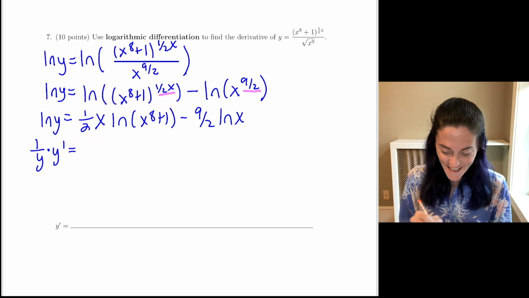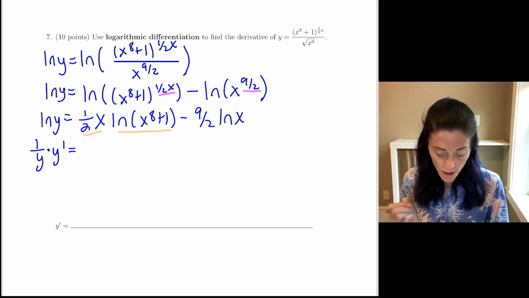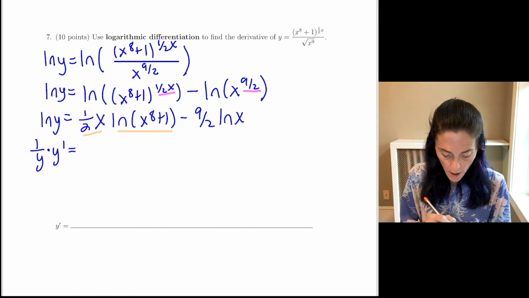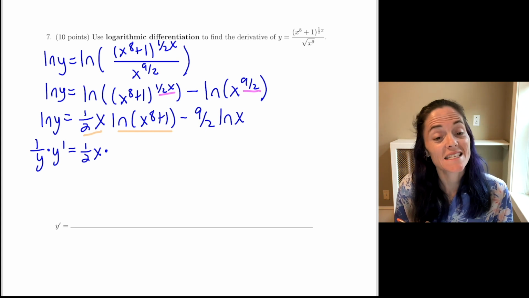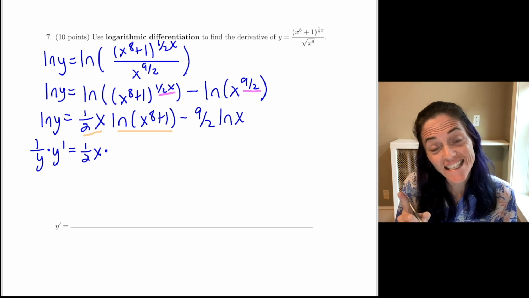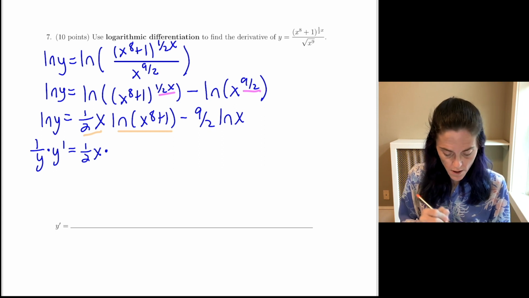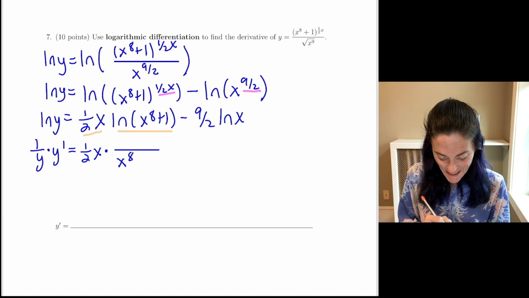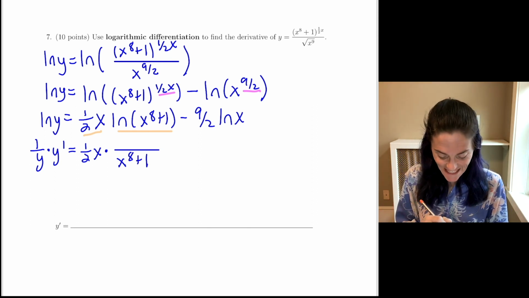well, how are we going to differentiate this? First of all, I see one function times another function. So the first thing will be product rule. We have first times derivative of the second. My second function in and of itself is chain rule, and it will go 1 over x to the 8 plus 1 times derivative of the inside function, which is 8x to the 7.